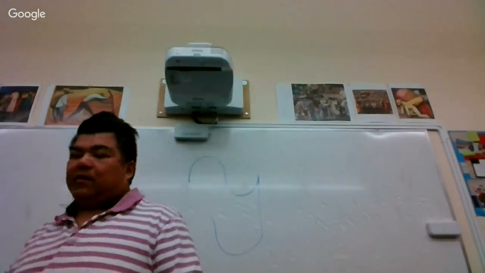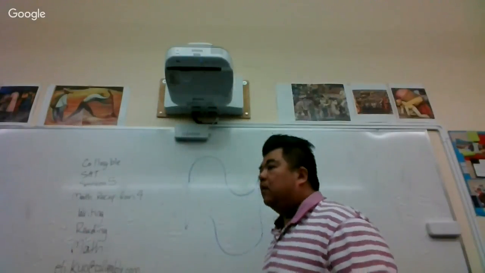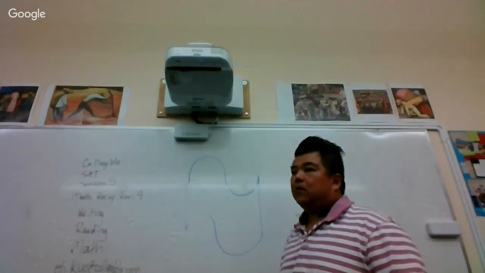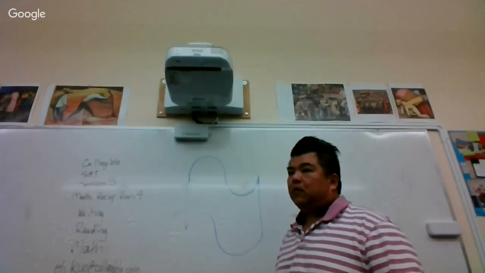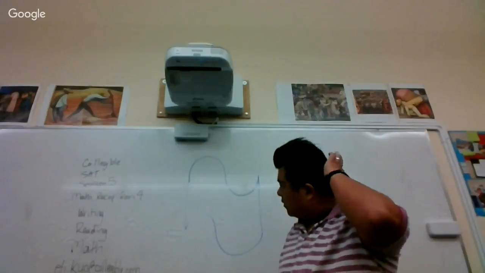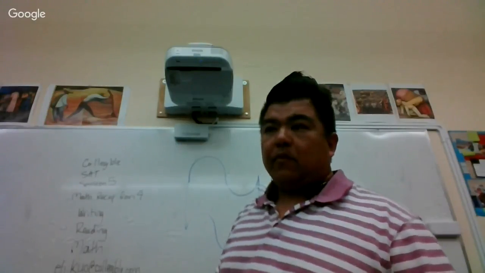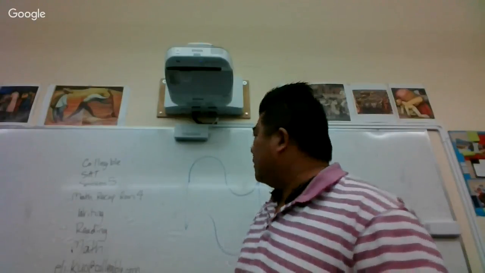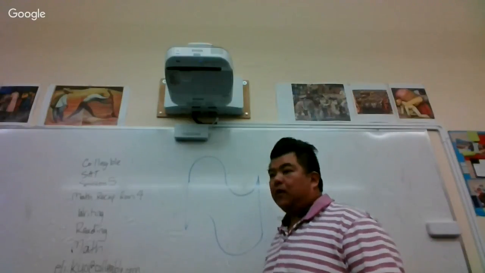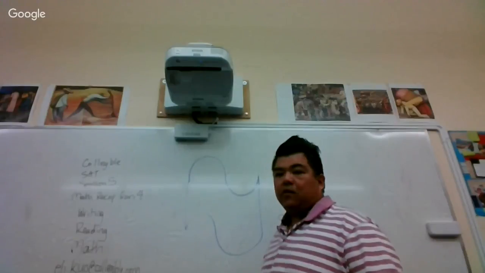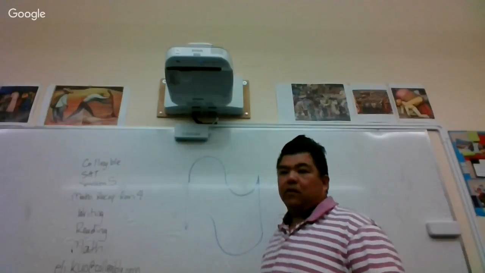Well, we know that there were 2 semicircles, so if we draw a circle and cut it through the middle, that's 2 semicircles. There's a radius of 2.